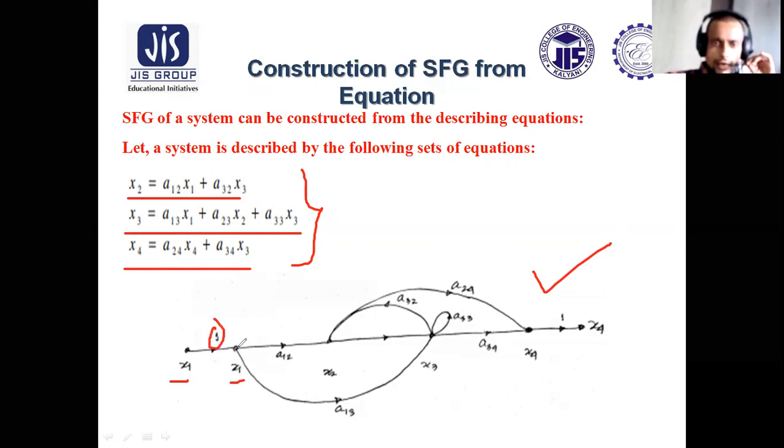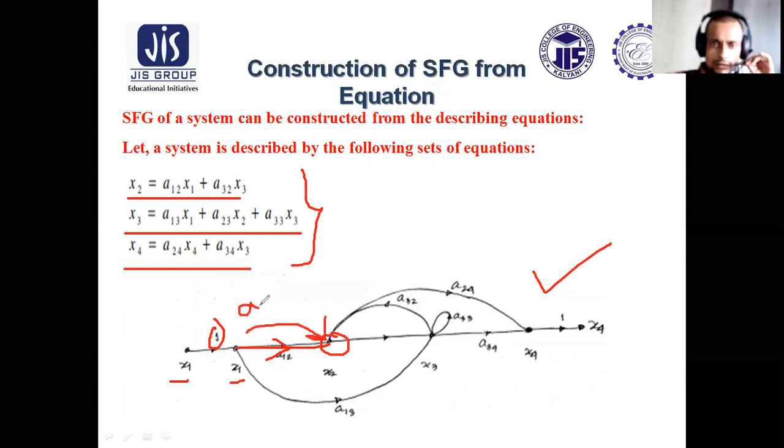Now x2 equals what? A12 x1. So with x1, A12 will be multiplied. This is x2. So A12 multiplied by x1 will produce A12 x1.